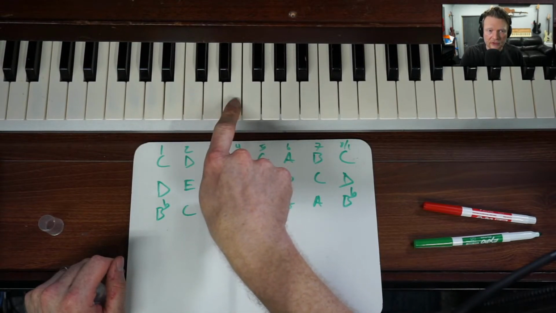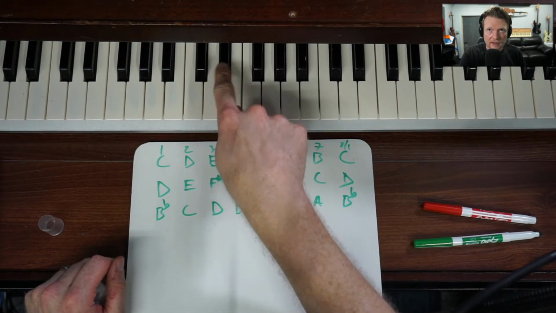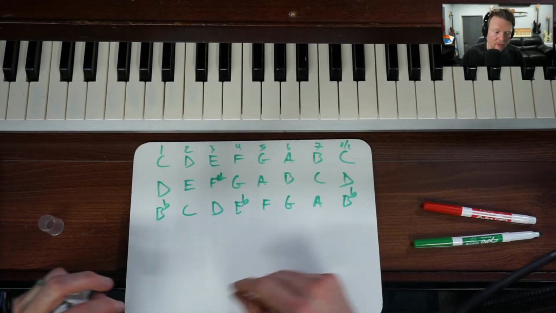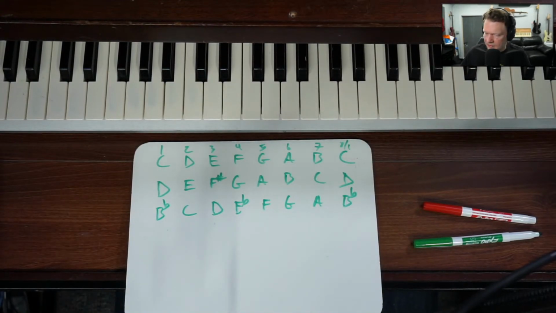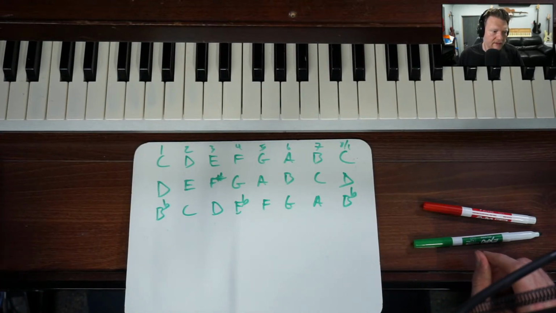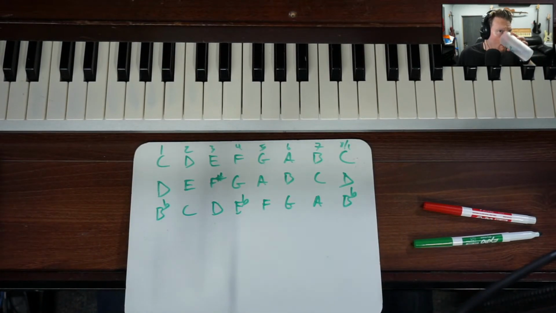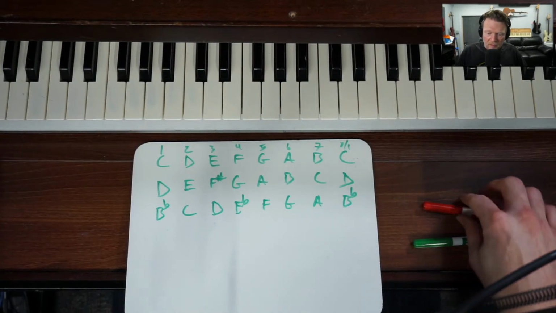In the key of C, this is called a major third, and that's a minor third. It's very simple. We'll get to that in another lesson, diving into the different intervals, which is what that's called.